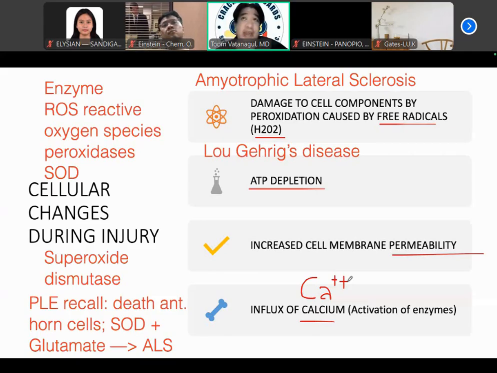So what happens when calcium comes in? There's going to be activation of enzymes. One of these enzymes would include phospholipases, peroxidases.